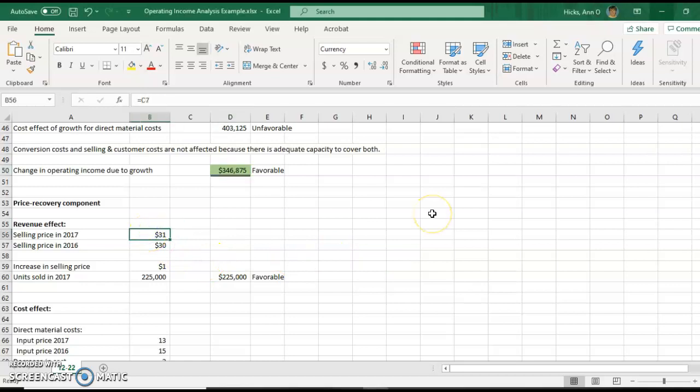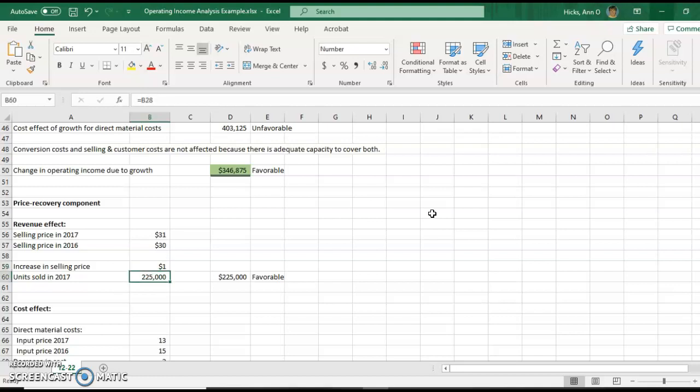Let's take a look at the revenue effect first. What we have in 2017 is a price of $31, and in 2016 a selling price of $30, which resulted in an increase of $1.